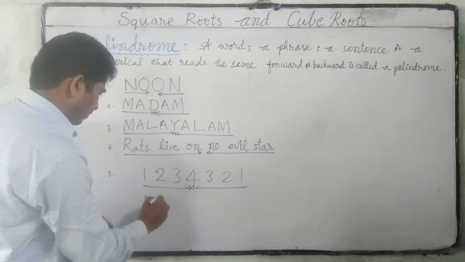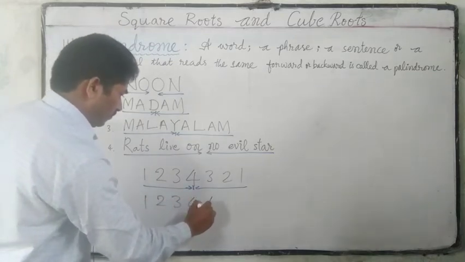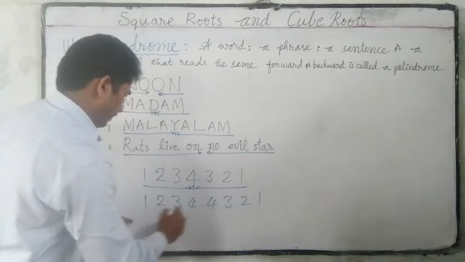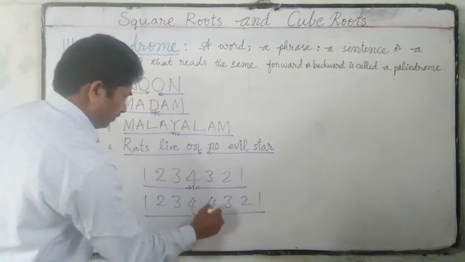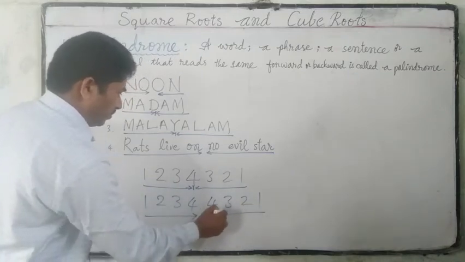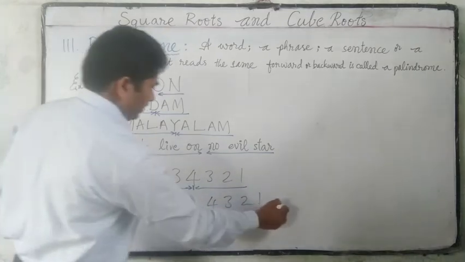One more example: 1, 2, 3, 4, 4, 3, 2, 1. An even-digit palindrome number, like this, etc.